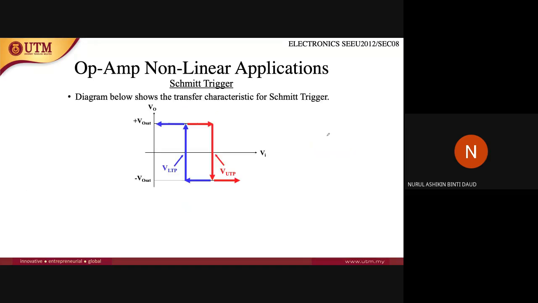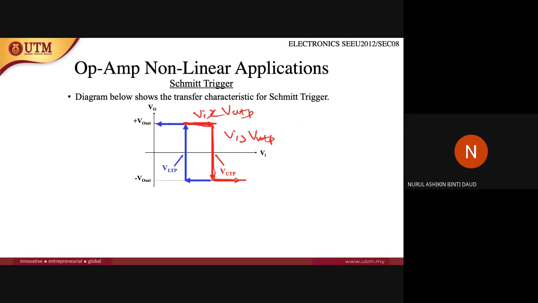So let's look at the combination. It will start at this point, for example, when VI is within VUTP, so it will be at this point. Once VI is bigger than VUTP, it will start to drop and go this way.